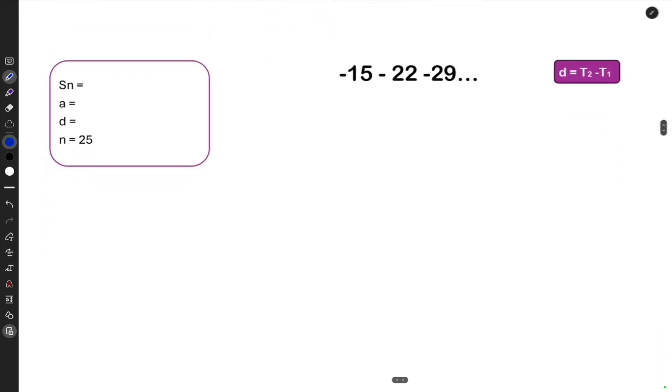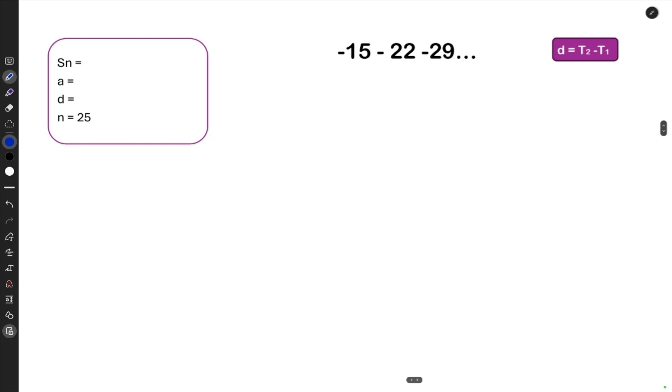Let's look at another one. In this case, they're asking me what is the sum of the first 25 terms. Once again, I do not know what Sn is. I can see that a is minus 15. d is a little bit more tricky, so I'm going to use the formula that we've discussed previously: term 2 minus term 1. That gives me a value of negative 7, which is my d value.